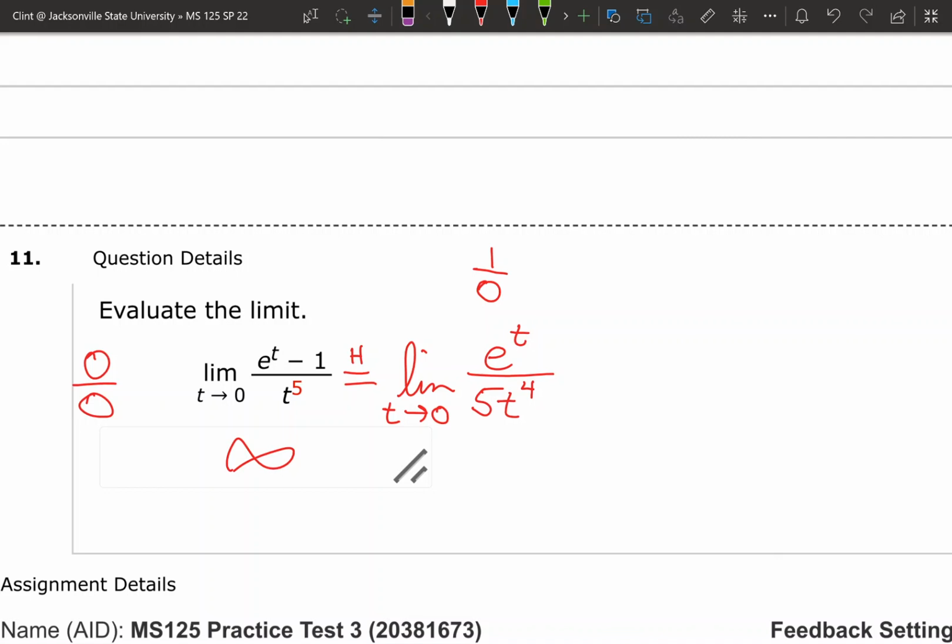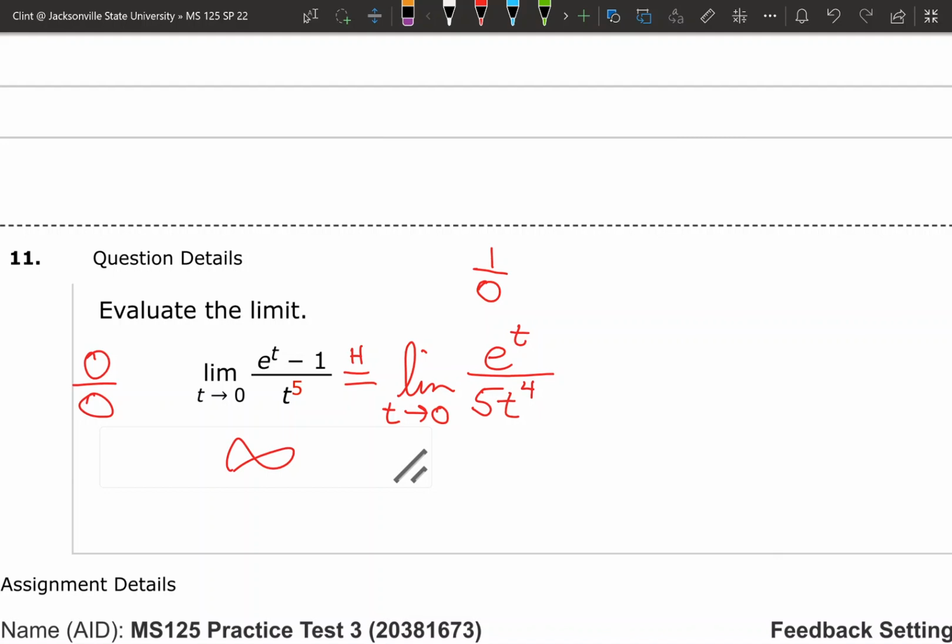The left side, if we're approaching 0, normally if this was just a t, we would have to be thinking about going down toward negative infinity on that side, but it's not just a t. What is it? T to the even power, that's right. So it's going to make it positive. So these numbers are still getting closer to 0, but they're all positive because it's to an even power.